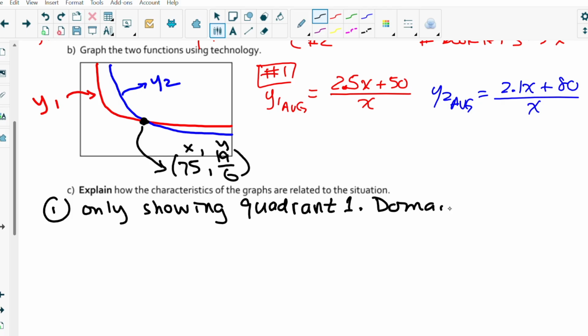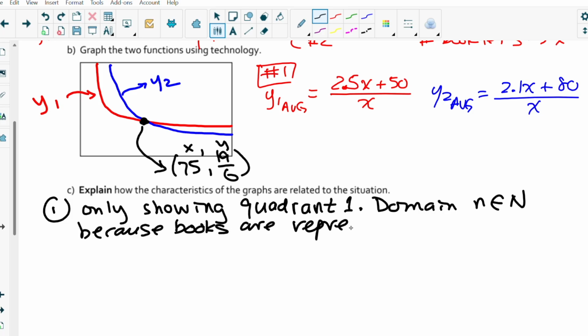Domain is n is an element of all natural numbers because books are represented as natural numbers, such as 1, 2, 3, and so on. We cannot have decimal or fraction values of booklets.